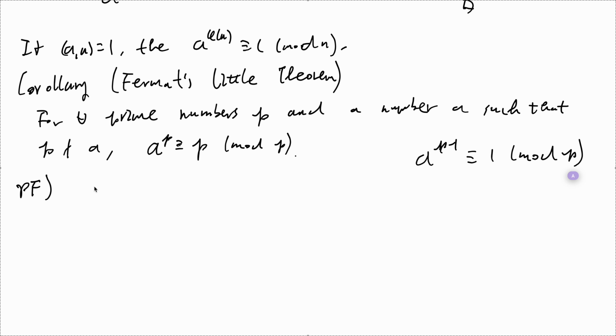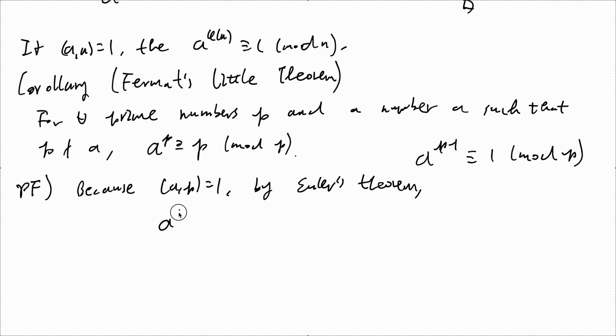Okay. So because p is a prime number and p and a are relatively prime to each other, by Euler's theorem, a to the power of phi of p is congruent to 1 mod p. And I miswrote that. Now, what is the reduced residue system of p?